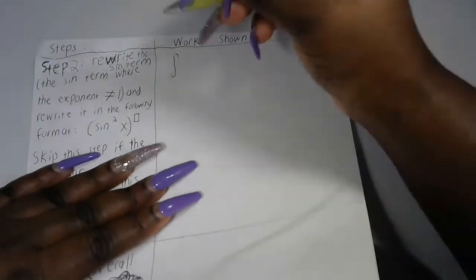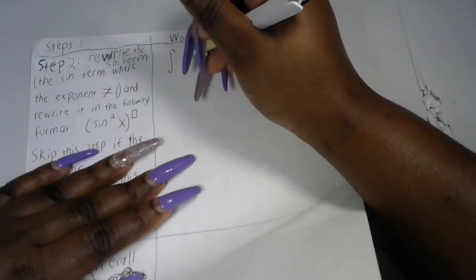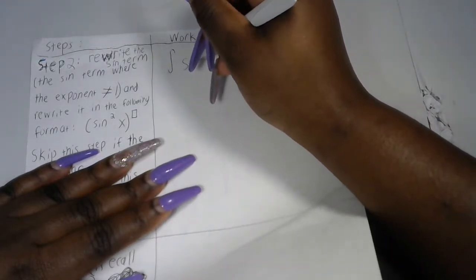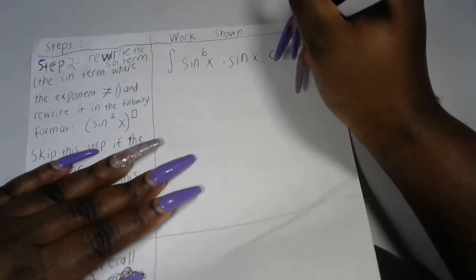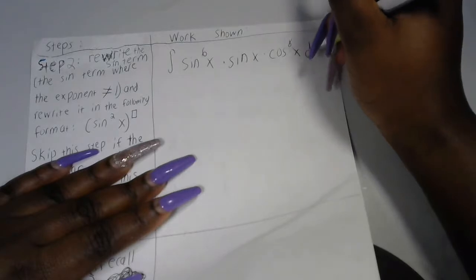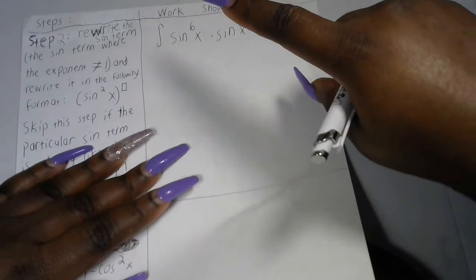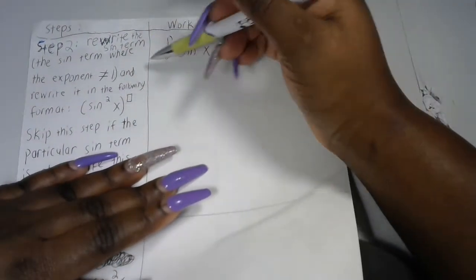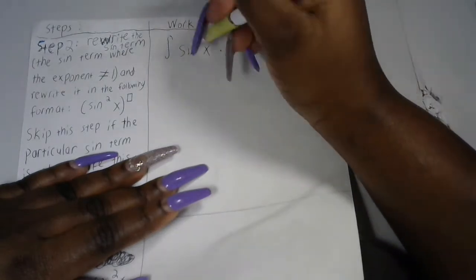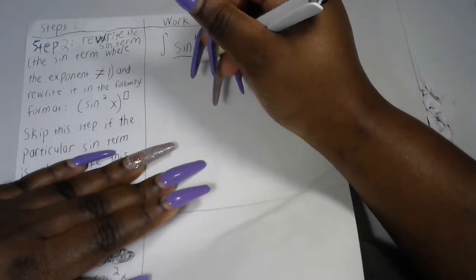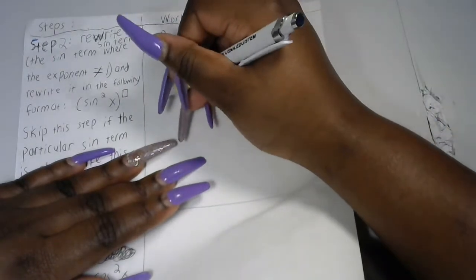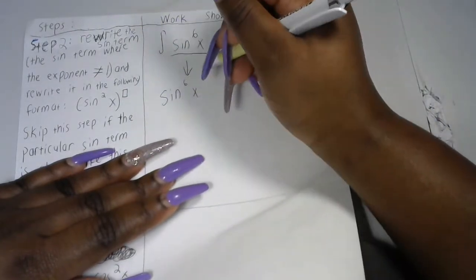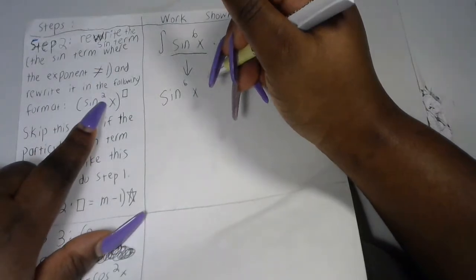In step 1, we established that we have sine x to the 6th power times sine x times cosine x to the 8th power dx. Using rule number 2, the sine term where the exponent is not equal to 1 is this one. We need to match this format, so the exponent needs to be 2 times something.